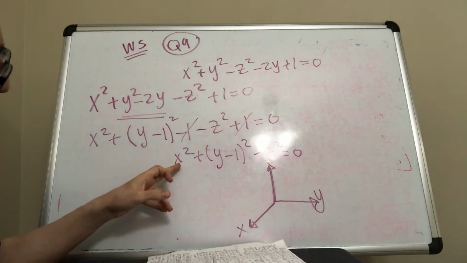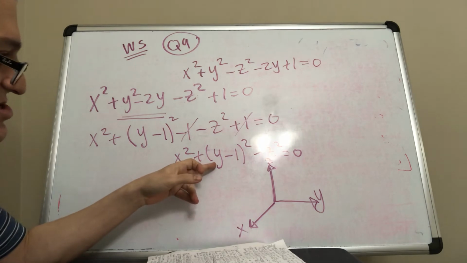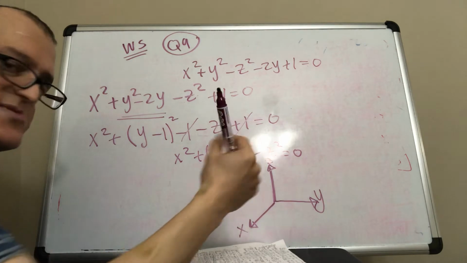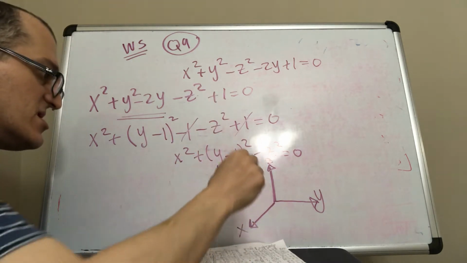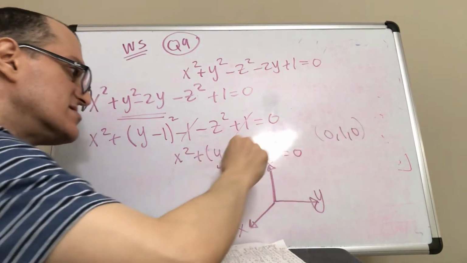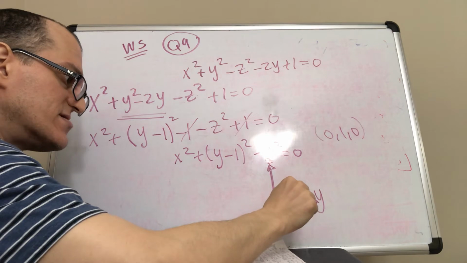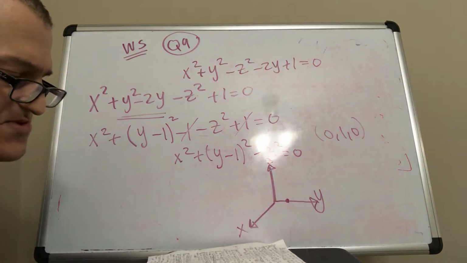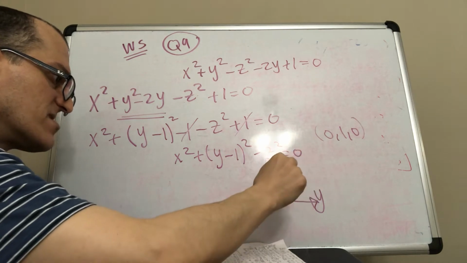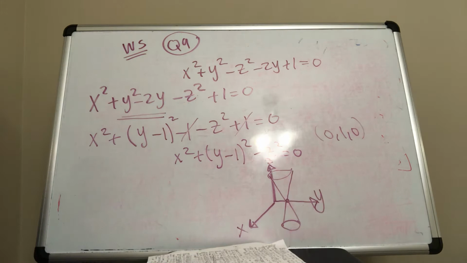The only thing that makes this 0 is 0, makes this 0 is 1, makes this 0 is 0. So you need to find what's called the focal point, which is 0, 1, 0, whatever makes this 0. So 0, 0, and 1 here, so it would be this. If you remember, this one was more like an hourglass, something like this.